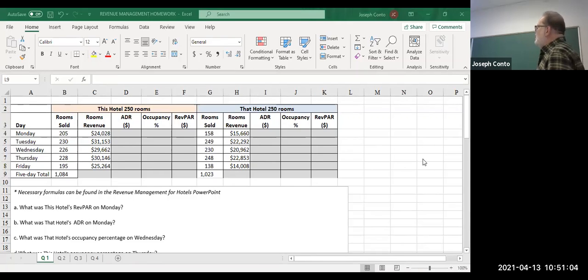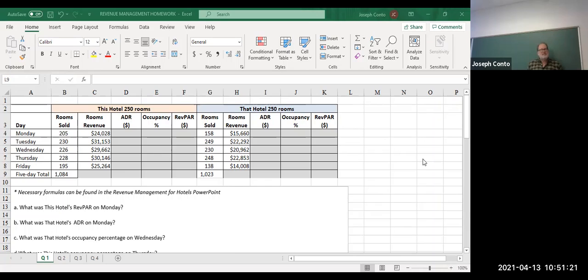The first one really simply is having you practice the formulas for ADR, occupancy percentage, and RevPAR, and then some questions. I want you to think about the questions. Some of them are just which is higher, this one or that one. But then another one says, why is this occurring? Or why it might occur.